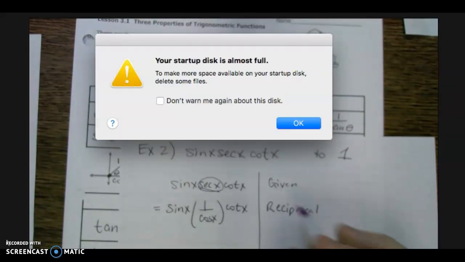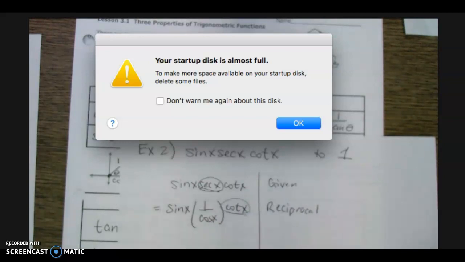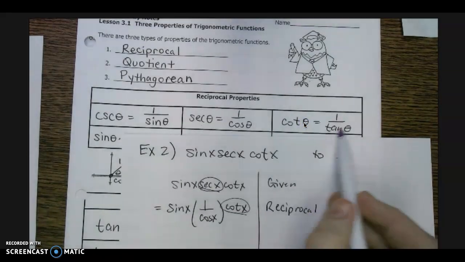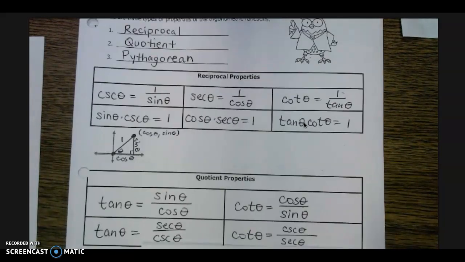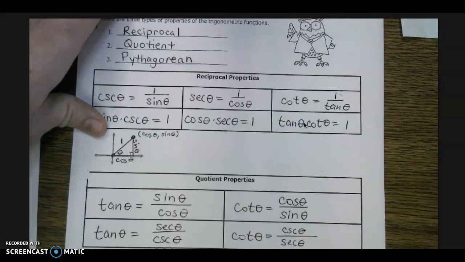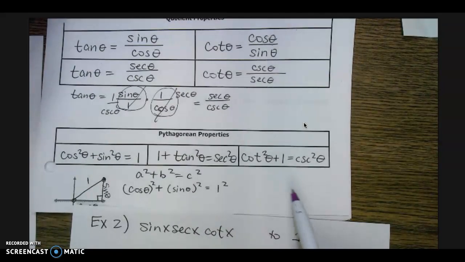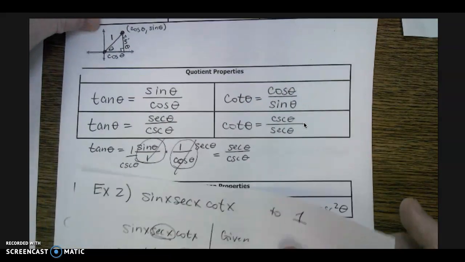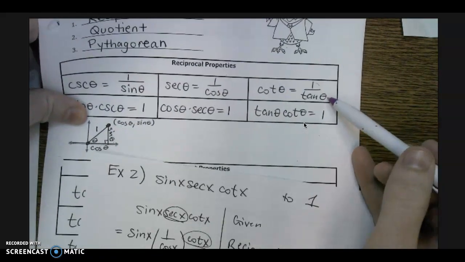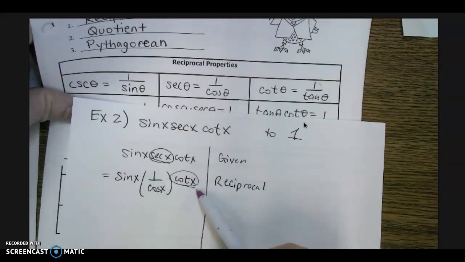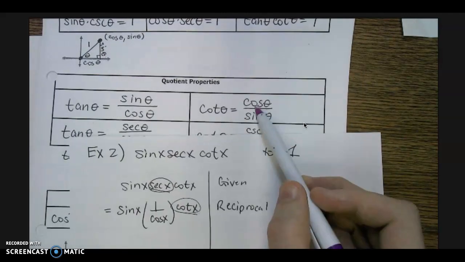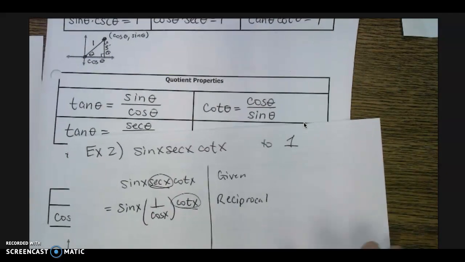Now I'm going to change my cotangent. And I've got some options. I've got 1 over tangent. I also have cosine over sine. And I've got cotangent squared. It's not squared, so I'm not going to use that. I don't want to use 1 over tangent because there aren't any tangents in the problem, and I don't want tangent at the end. I'm going to use cosine over sine because that's what I've got so far in the problem, the sines and cosines.